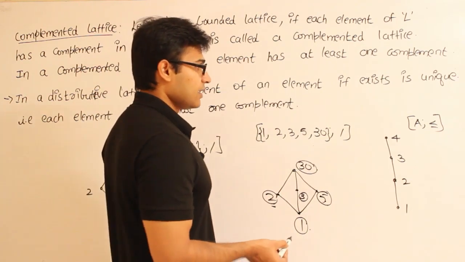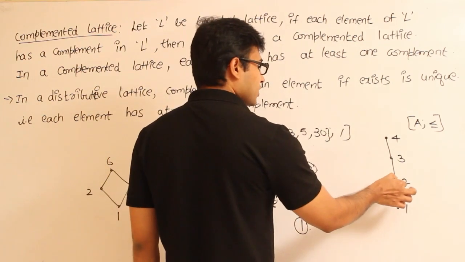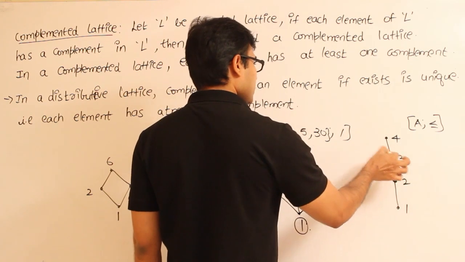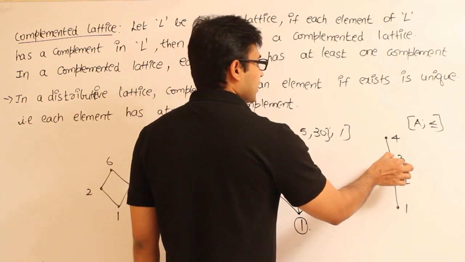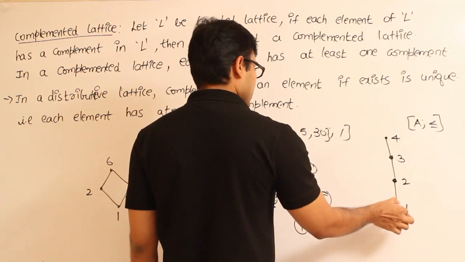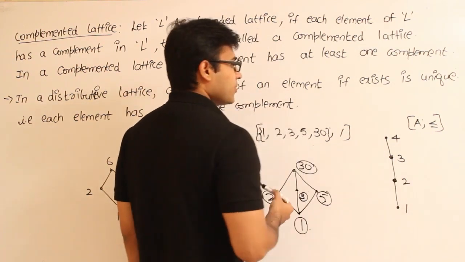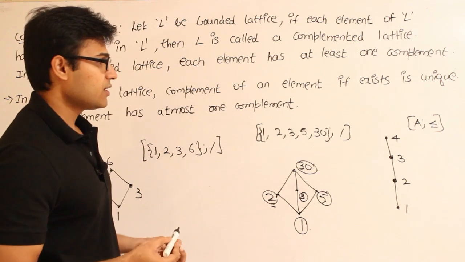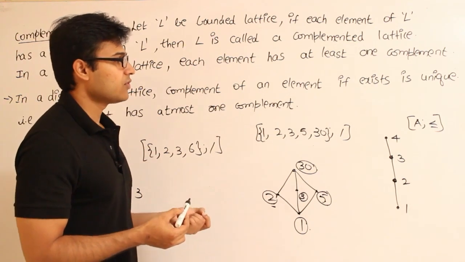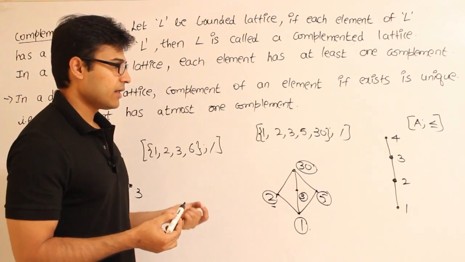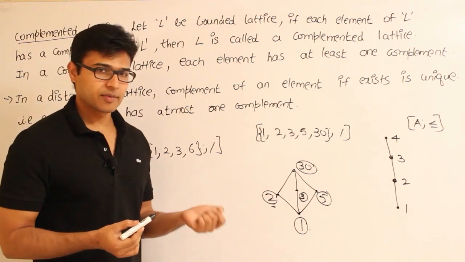The reason is you don't have a complement for the element 2, and you don't have a complement for the element 3. You have a complement for the element 1 and for the element 4. So this is not a complemented lattice. If you don't find complements even for one element, then we can say that it is not a complemented lattice.